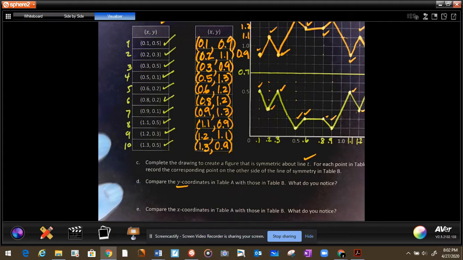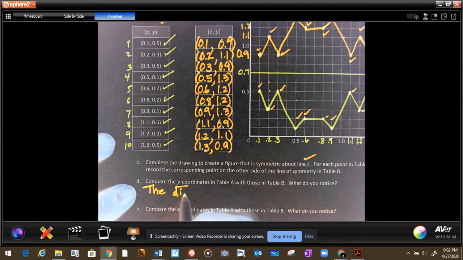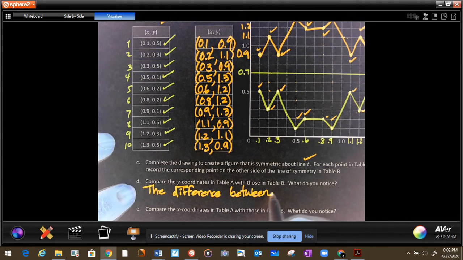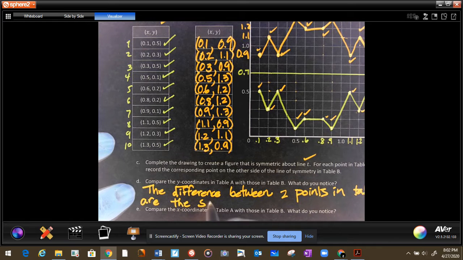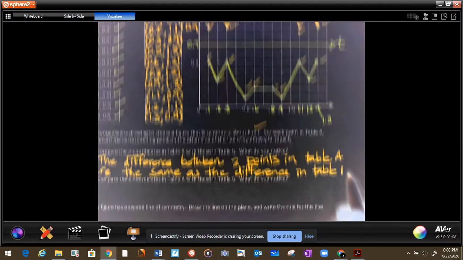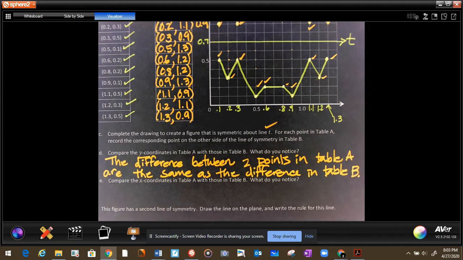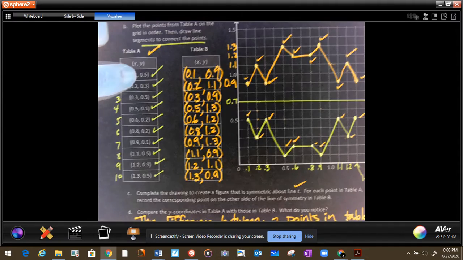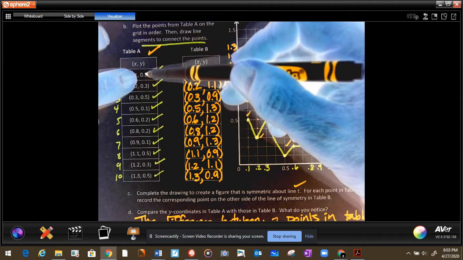So the conclusion is the difference between 2 points in table A is the same as the difference in table B. If you subtract 0.3 from 0.5, the difference is 2.